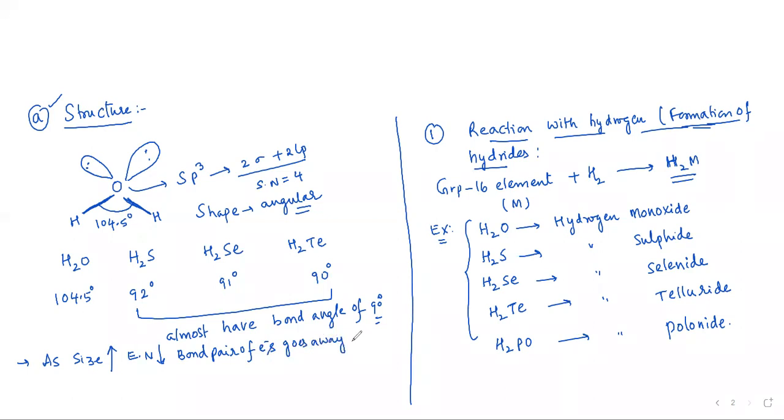If the bond pair of electrons goes away, then these lone pairs come closer towards each other. So what will happen? Lone pair repulsions increase. If lone pair repulsions increase, then the bond angle decreases compared to the regular bond angle of 109 degree 28 minutes. That's the reason for the decrease in bond angle to 92, 91, and 90 degree. So bond angle decreases down the group.